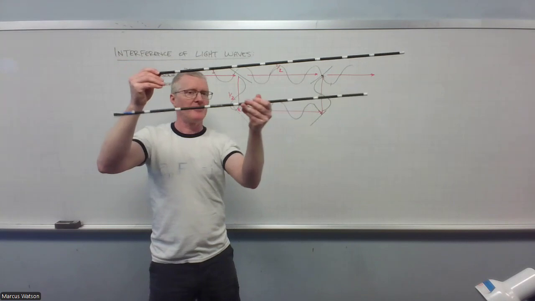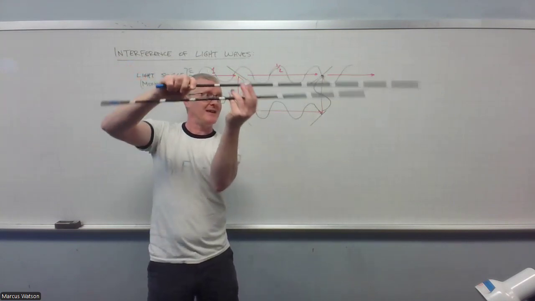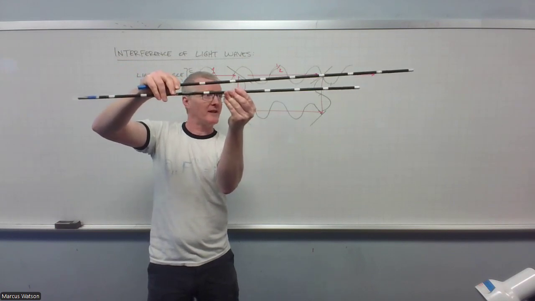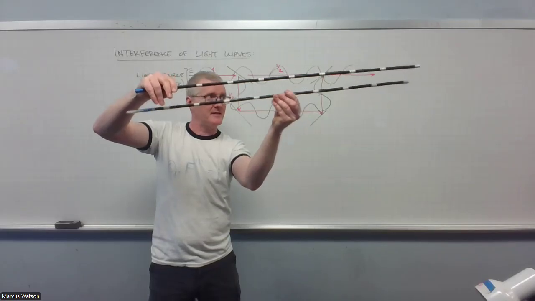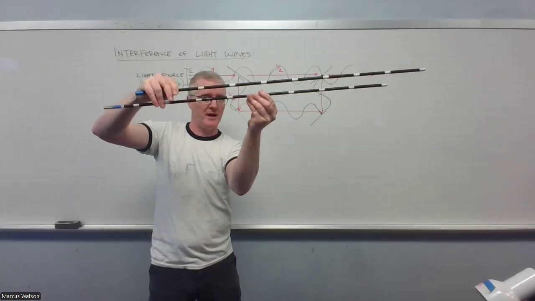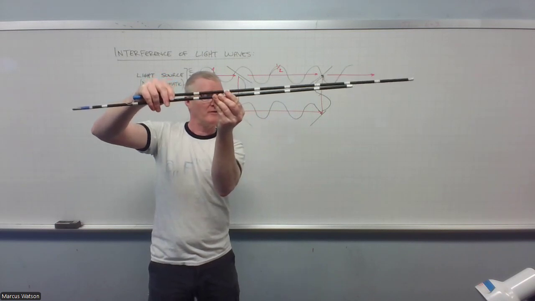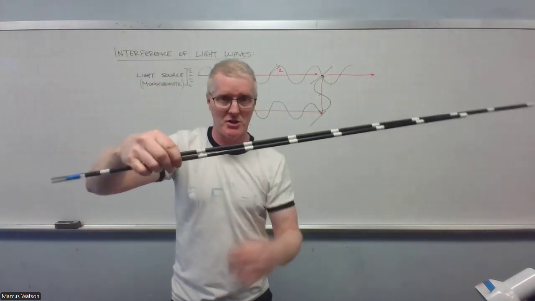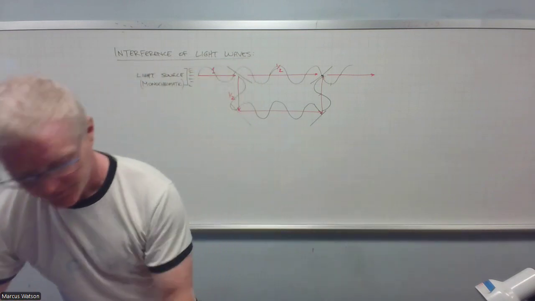And now, because this took 2 extra wavelengths worth of travel, it's back here, 2 full wavelengths behind. This is in phase, this is 1 full wavelength behind, and this is 2 full wavelengths behind. However, their crests still match, their valleys still match, and therefore this is called constructive interference.